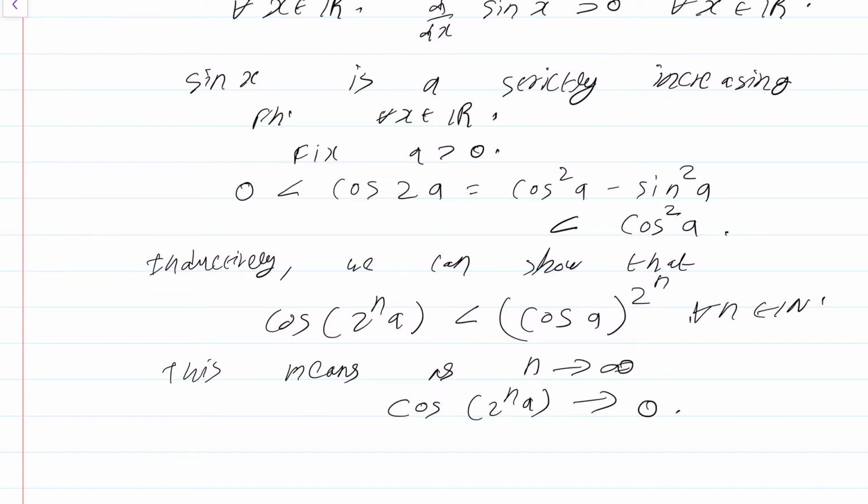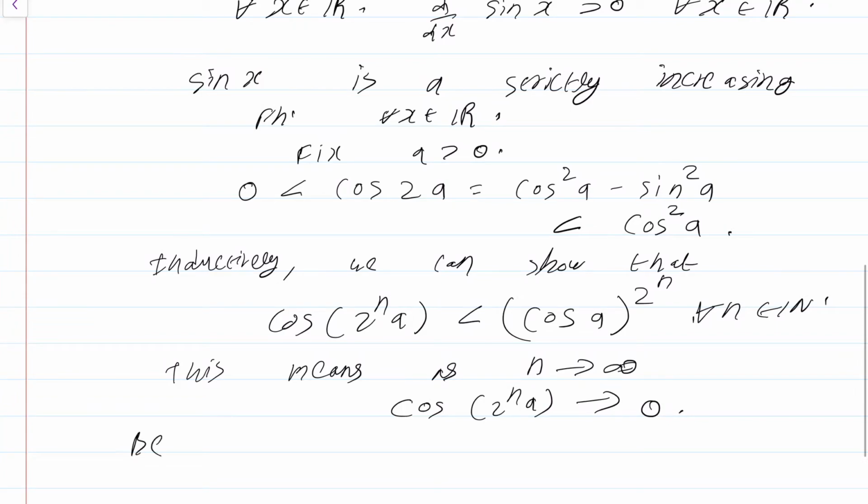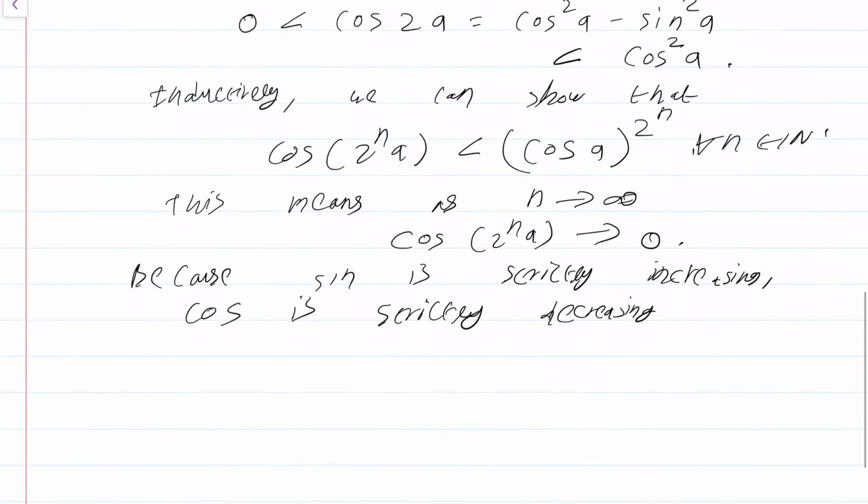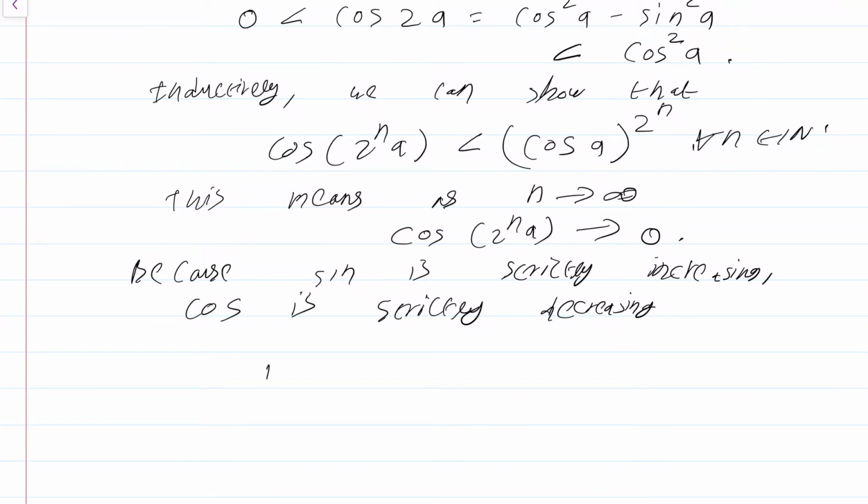Okay, now because sine is strictly increasing, cos is strictly decreasing, we can use the fact that cos 2 power n a goes to 0 to conclude that limit x going to infinity of cos x itself is equal to 0.